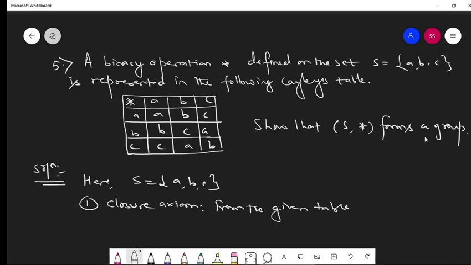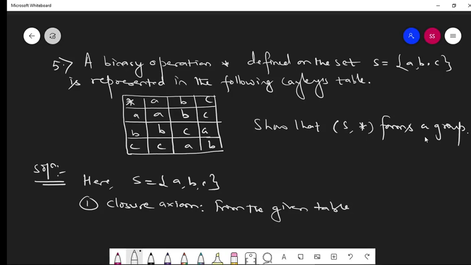Now second is the associative axiom. From the given table, we have to verify whether A asterisk B asterisk C equals A asterisk B asterisk C or not.